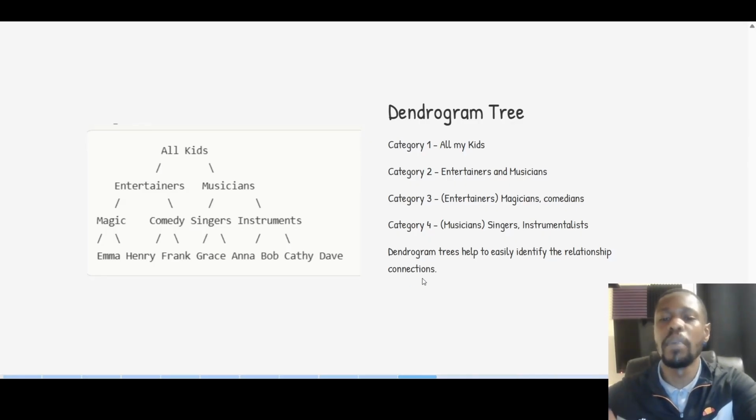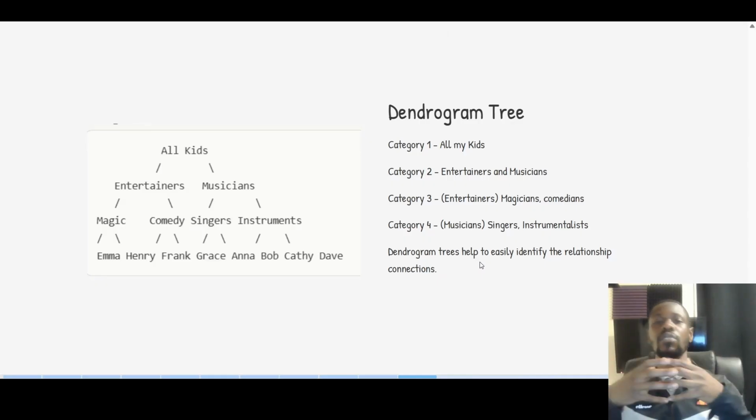So this is the benefit of the hierarchical structure or the dendrogram tree. The dendrogram tree helps to easily identify relational connections. Okay?